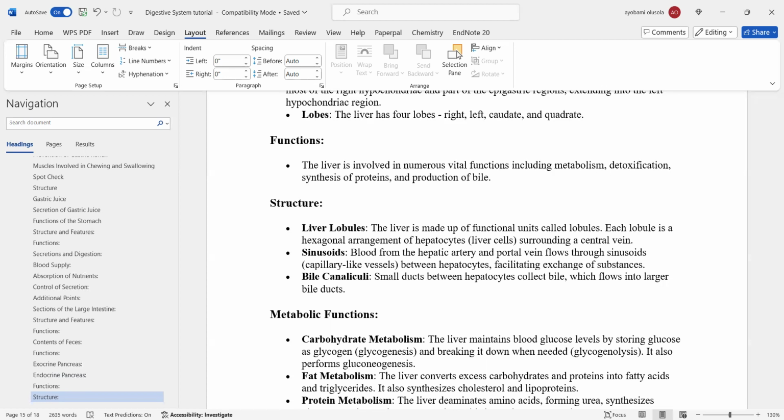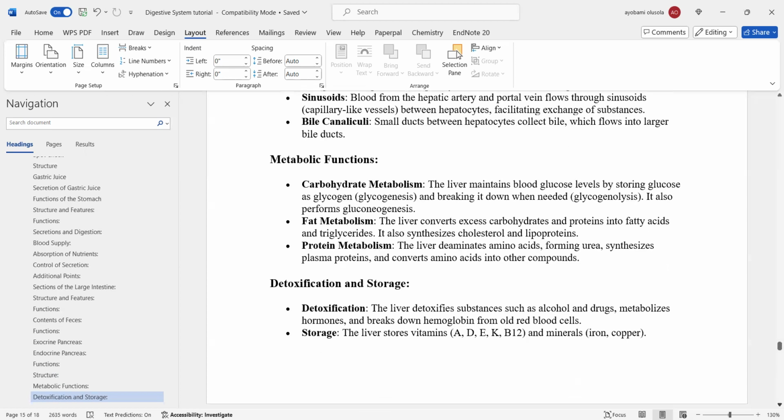So metabolic functions, carbohydrate metabolism. The liver maintains blood glucose levels by storing glucose as glycogen. This process is called glycogenesis. And it can also break it down when needed. Glycogenolysis.